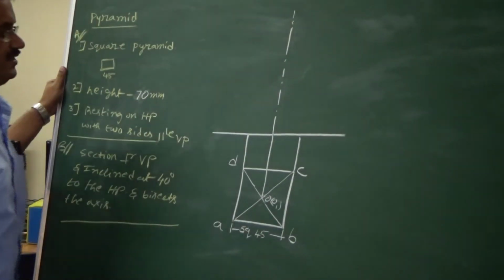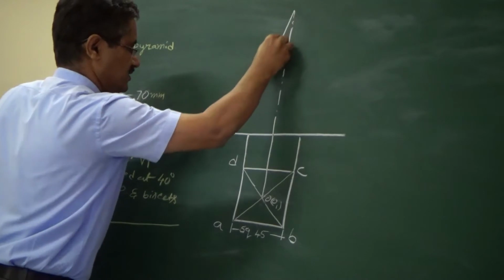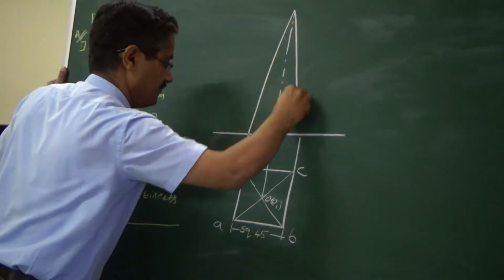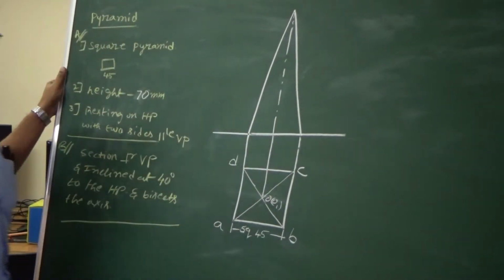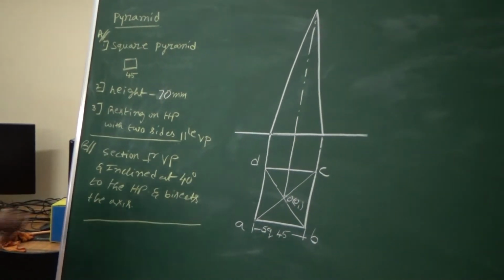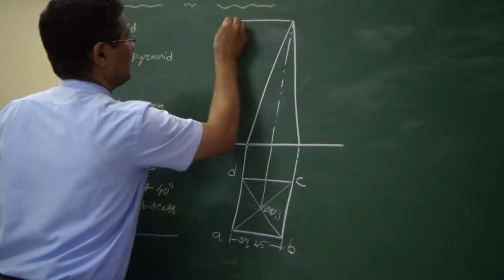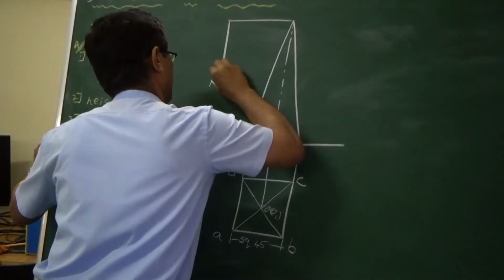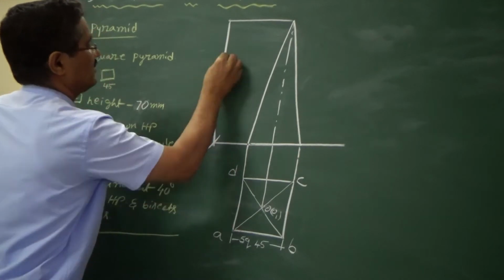Now draw this boundary line and this boundary line, and also make the bottom line thick. Now mark the height which you have taken for the axis. The height is 70.